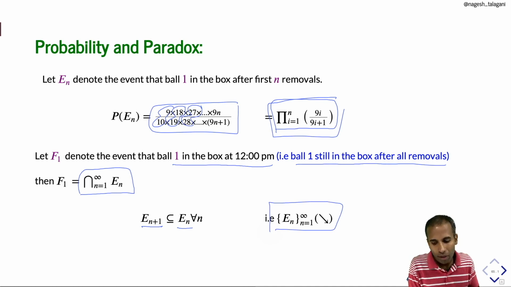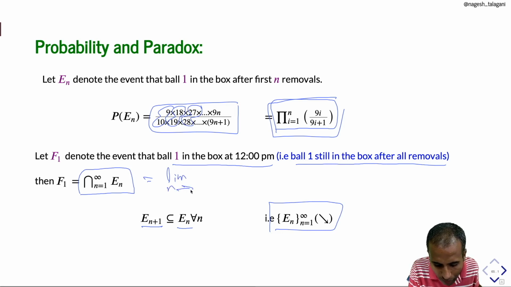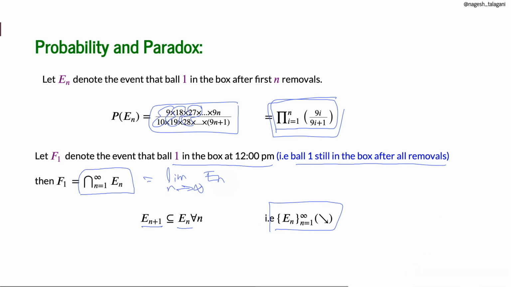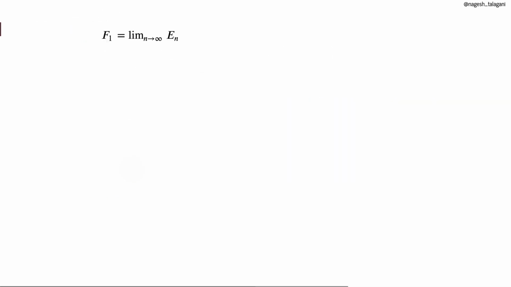So now F1 we can write in limit notation, the limit as n tends to infinity of En. Since En is a decreasing sequence of events, the limit of En is exactly equal to the intersection of En from n equal to 1 to infinity. Therefore F1 is the limit of En.